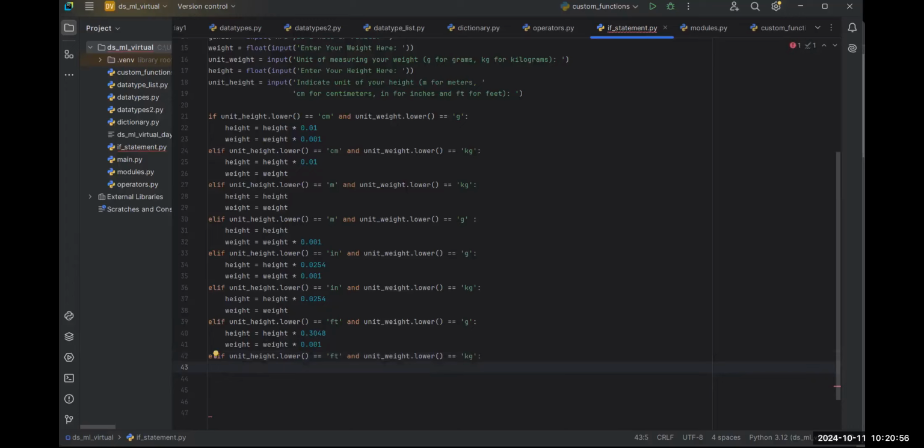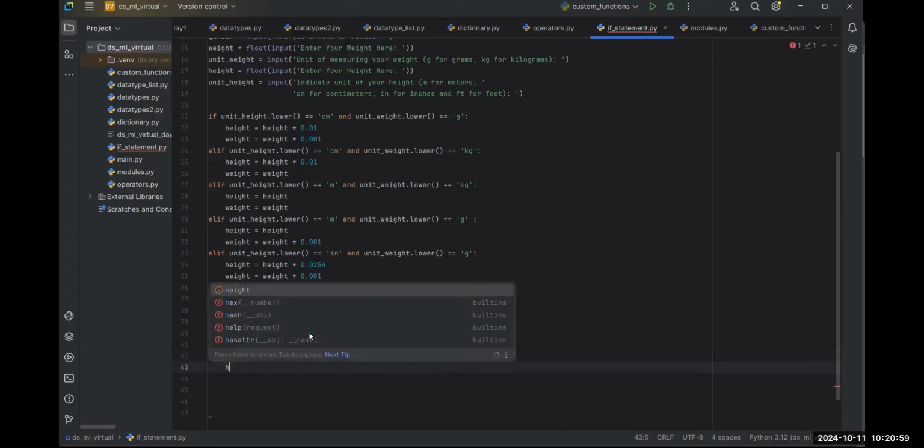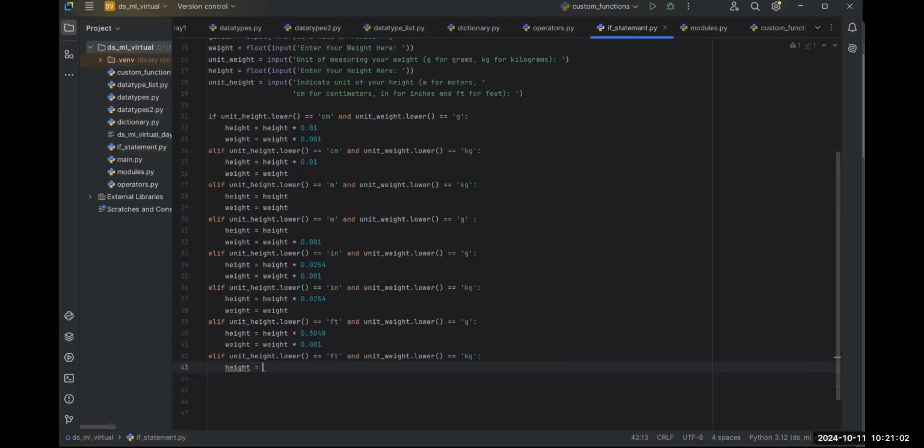So height now will be equal to height multiplied by 0.3048 because our weight is already in kilogram.